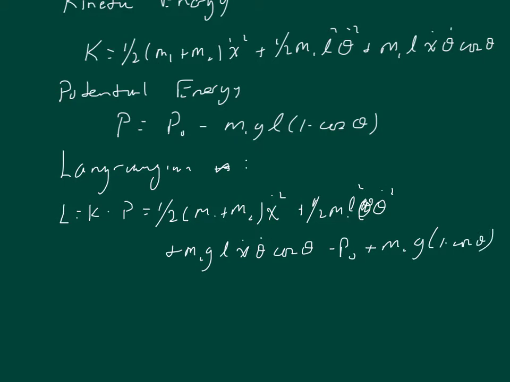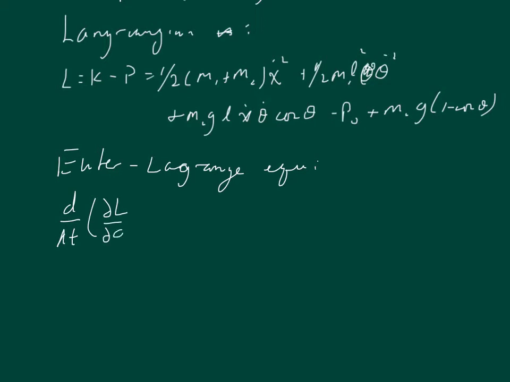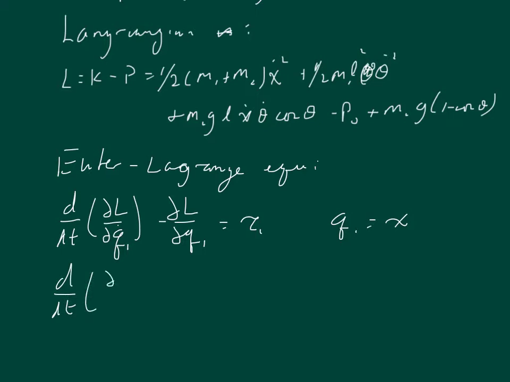Okay, so the equations of motion then are given by the Euler-Lagrange equations, which in this case are d/dt of partial of L with respect to q1 dot minus partial of L with respect to q1 is equal to tau 1, where q1 is equal to x, and d/dt of partial of L with respect to theta dot minus partial of L with respect to theta is equal to tau 2, where q2 is equal to theta.